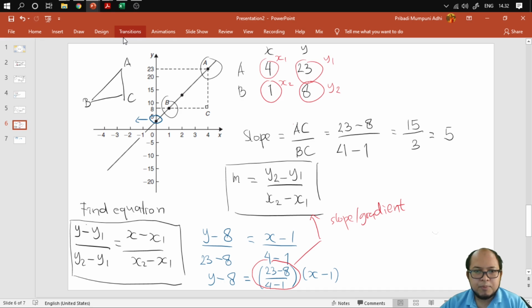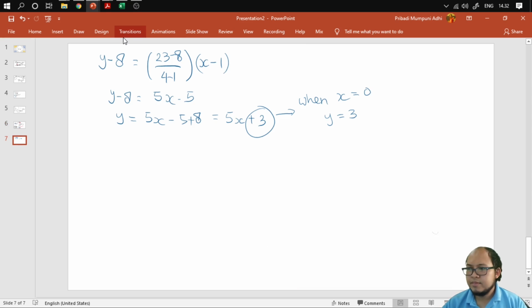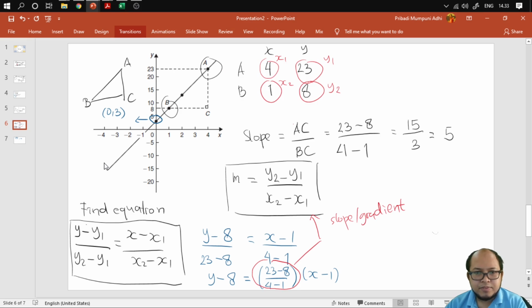So this point is (0,3). And when x equals 3, for example, we want to find this value.